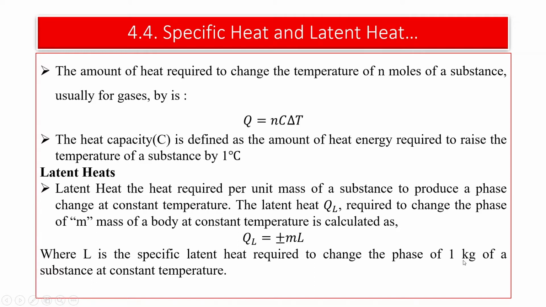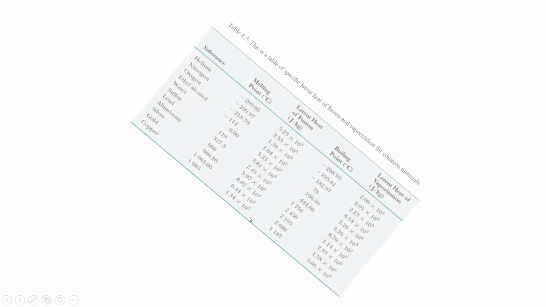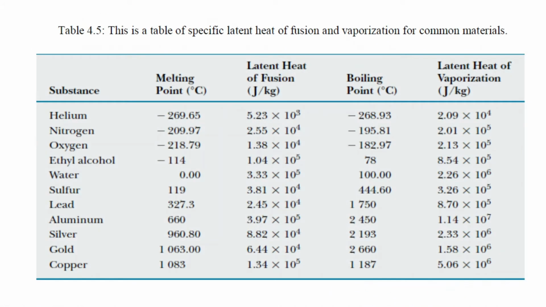Latent heat of fusion is 5.23 times 10 raised to 3 joule per kilogram, boiling point is minus 268.93 degrees Celsius, and latent heat of vaporization is 2.09 times 10 raised to 4 joule per kilogram. That is for helium. For water, the melting point is 0, latent heat of fusion is 3.33 times 10 raised to 5, boiling point is 100, and latent heat of vaporization is 2.26 times 10 raised to 6 joule per kilogram.